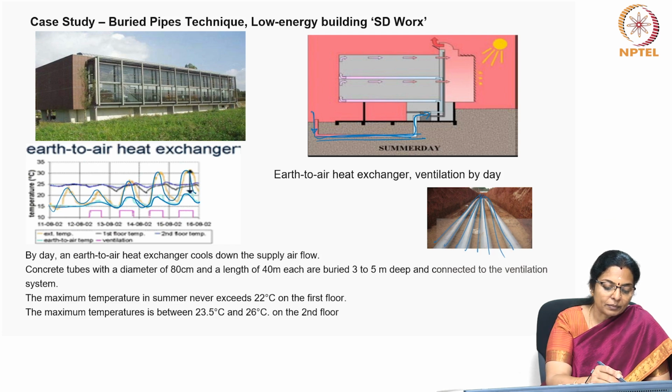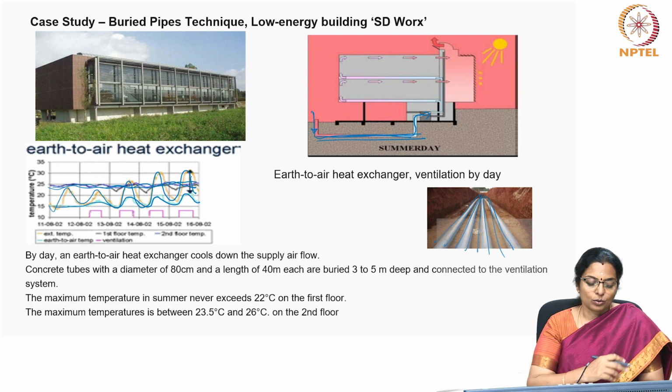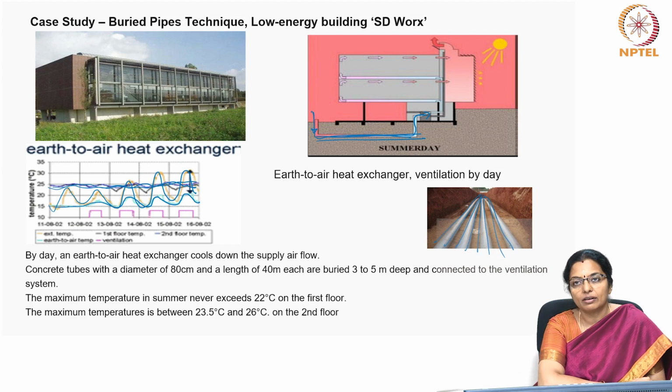The first floor temperature is almost stable here, and the second floor temperature is also on similar lines. So the maximum temperature in summer never exceeds 22 degrees centigrade on the first floor, and the maximum temperature is between 23.5 degrees to 26 degrees on the second floor, making the indoors extremely comfortable and free from most of the common active means of cooling the building.